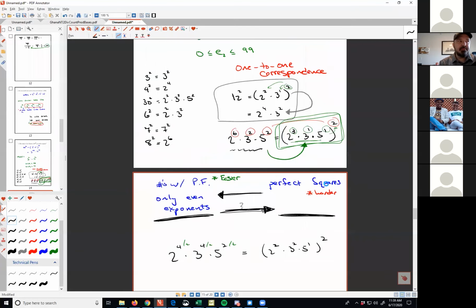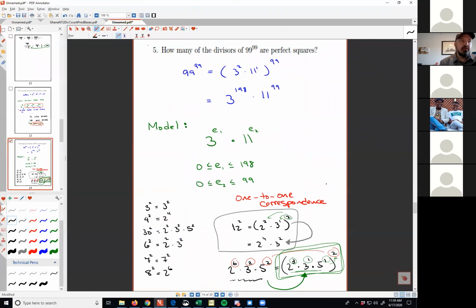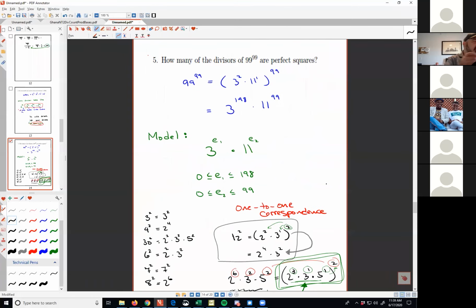So we can count the perfect squares by counting the number of ways to write prime factorizations that have only even exponents. So in how many ways can we choose a value of E1 that is even?